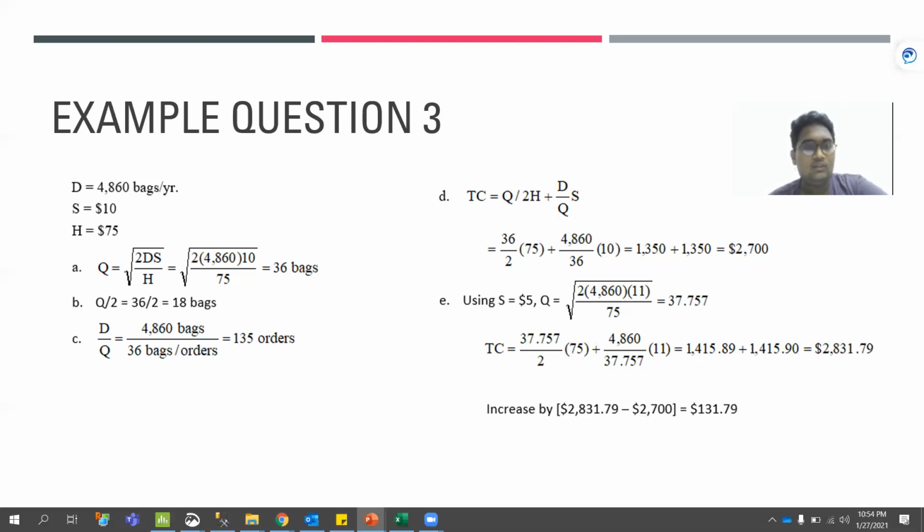The D is 4,860 bags per year. The formula is TC equal to Q over 2 times H plus D over Q times S. Can you show me the problem?